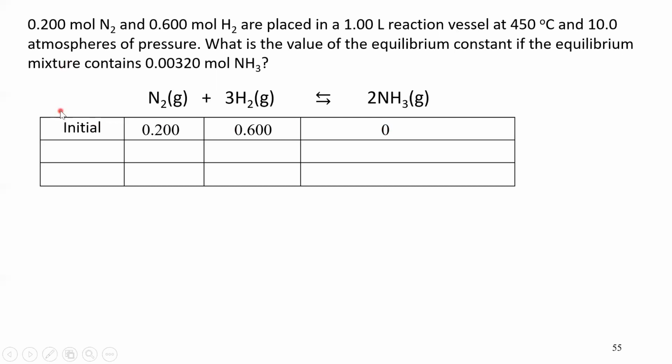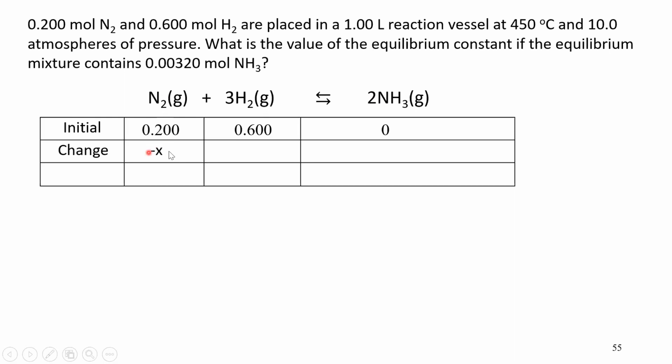Now, the C is for the change that takes place in order for us to establish equilibrium. And the change is a stoichiometric change. It's based on the balanced equation. So in this case, X amount of nitrogen is going to be reacted.